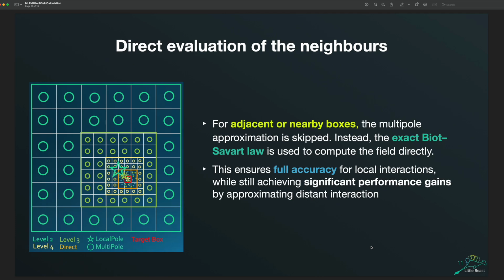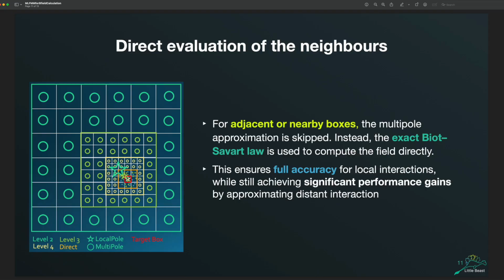Now, there's one last step, because here we said multipoles work outside the current region, but for boxes that are direct neighbors of each other and also places where there's current, you need to do direct BSFR. The exact BSFR is used, which is illustrated here.